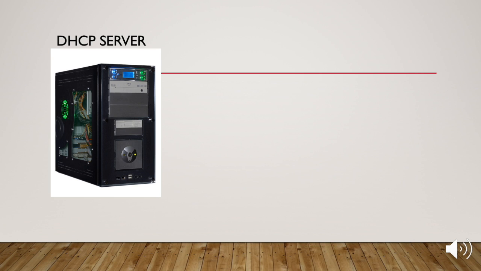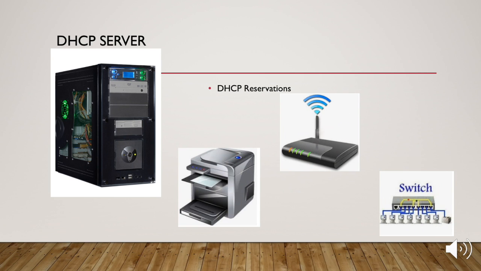Another feature of DHCP is to reserve an IP address for special devices, such as servers, network printers, routers, and switches. You want to keep the IP address the same for these type of devices, and to do so, the network admin can configure reservations in the DHCP server by selecting a designated IP address and inputting the MAC address for that specific device.